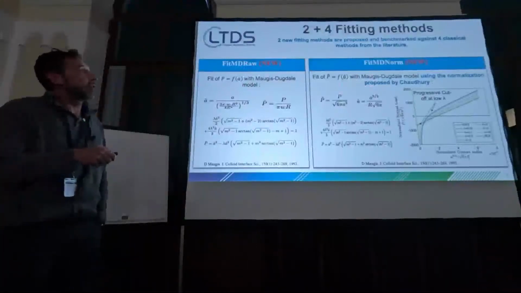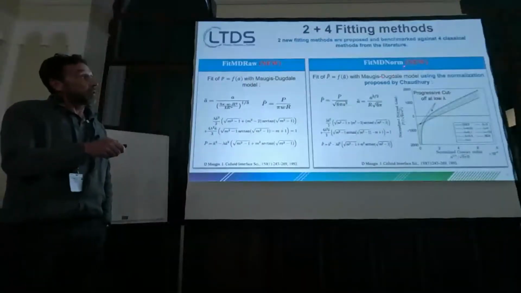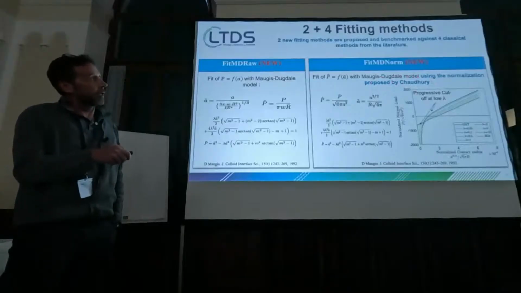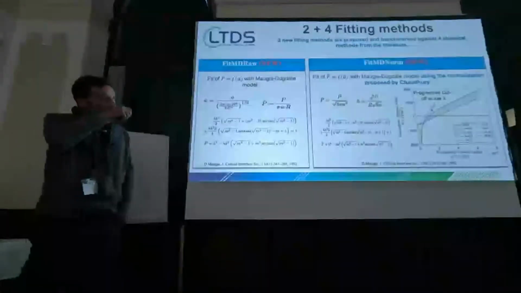And the most interesting one, as you will see, is the one performed not on raw data, but on normalized data using the normalization I showed you, which was proposed by Chaudhury in his paper. Why do we do that?